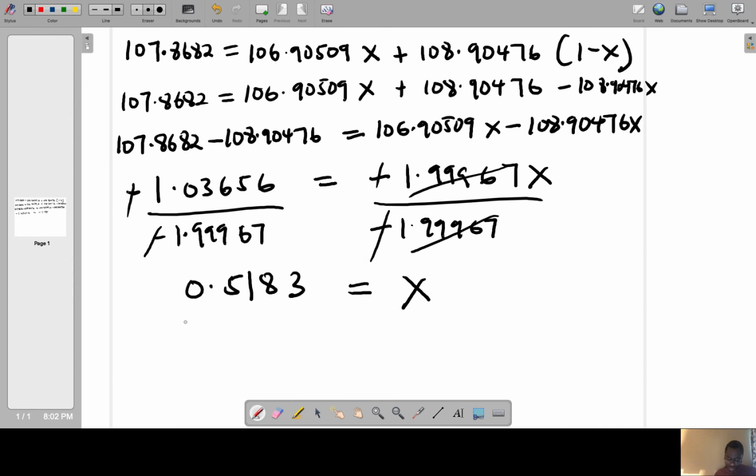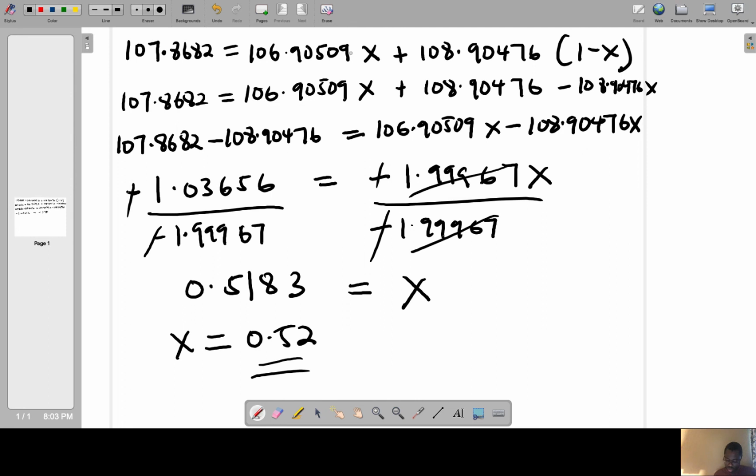So let's round it up to 2 decimal places. We'll say x is equal to 0.52. So this is our fractional abundance for isotope 1.